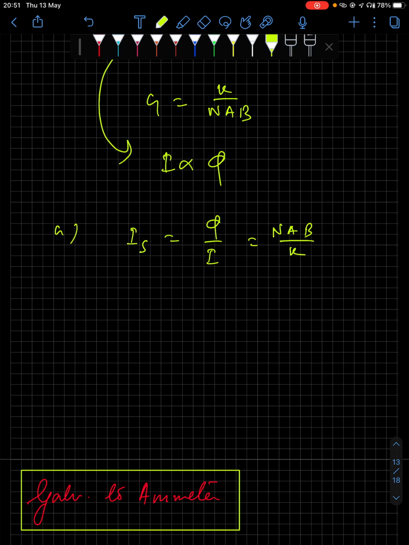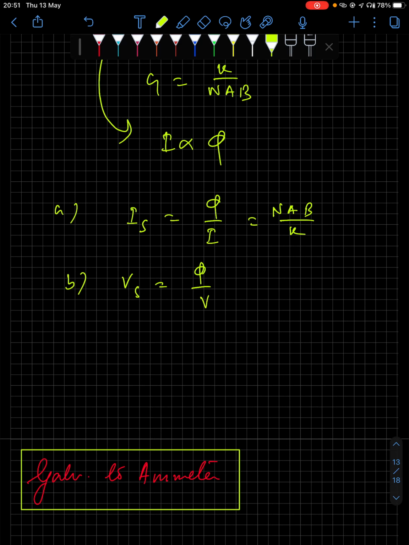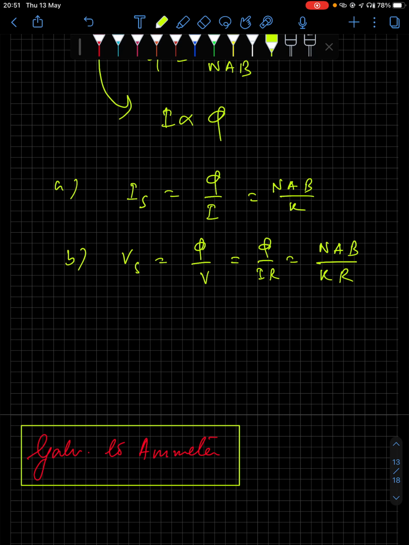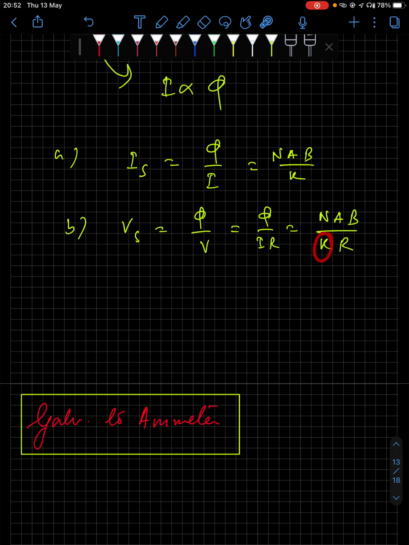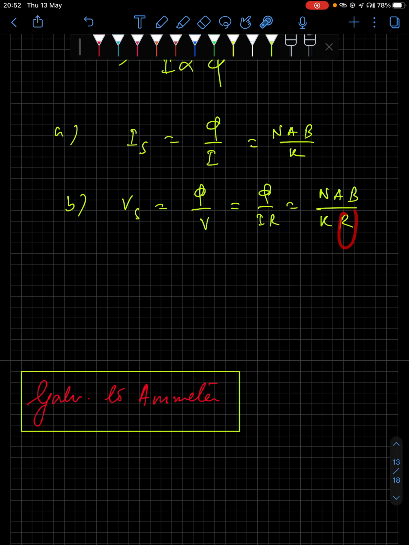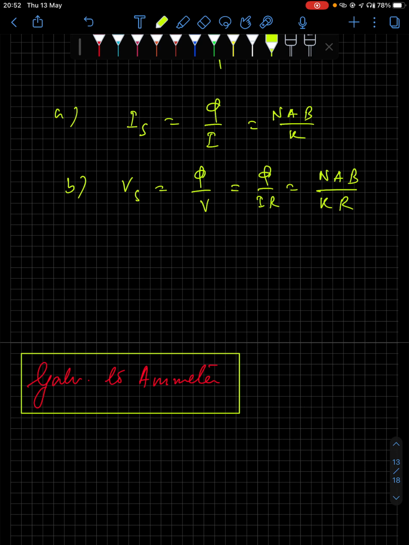Now voltage sensitivity, Vs equal to phi per unit potential difference. So phi by V, so phi by IR you can write down, so it becomes NAB by KR, where R is the resistance of the coil. So again, voltage sensitivity is directly proportional to number of turns, area of the coil, and magnetic field, and it is inversely proportional to K and inversely proportional to the resistance of the coil.